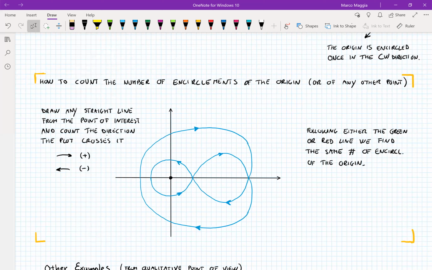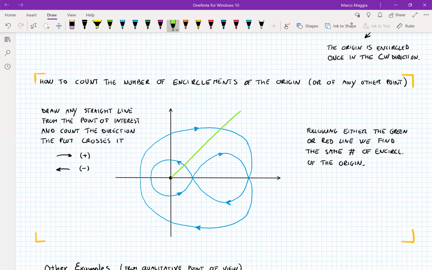Keep in mind that you can count the encirclements with respect to any point that you want. But for now, for simplicity, let's just refer to the origin. So what you can do is just draw a line starting from the point around which you want to count the encirclements. So the origin in this case, just draw a straight line in any direction. Let's do it in this direction, for instance.